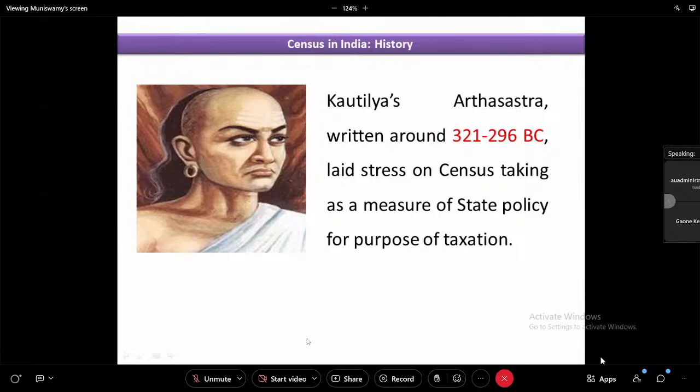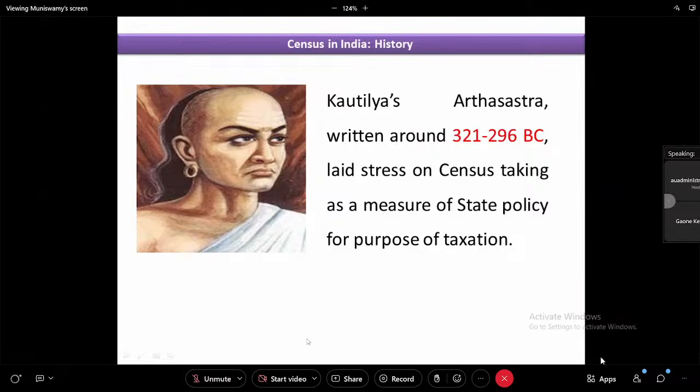Okay. So, if you want to collect taxes, you require the total number of population. But not all of the population are taxpayers. Dependents, their children, are not taxpayers. Old age people are also not taxpayers. Students are not taxpayers. So you have to gather information only about those who are paying taxes.